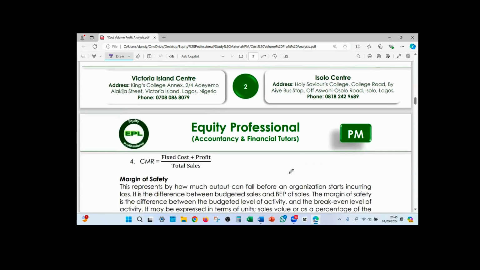It is also possible that you have sales in the question, but you don't have variable cost, but you are given fixed cost and profit. Therefore, profit plus fixed cost divided by total sales will give you contribution margin ratio.